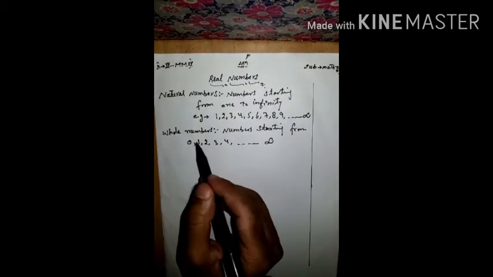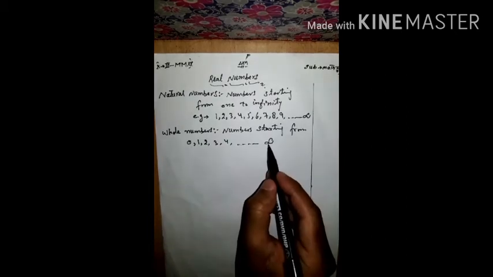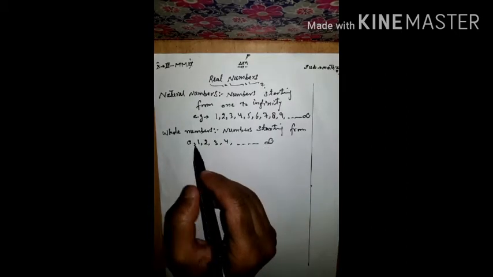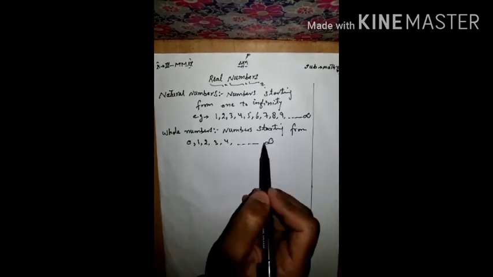So whole numbers are those numbers which are starting from 0 and end at infinity. So if you can see, natural numbers start from 1 to infinity and whole numbers start from 0 to infinity.